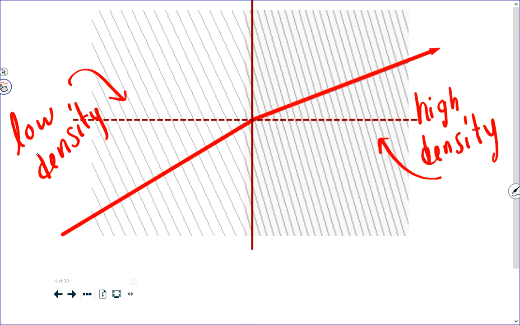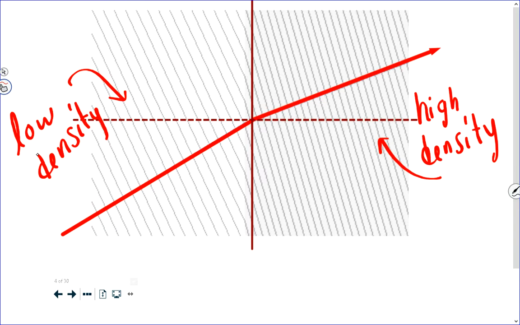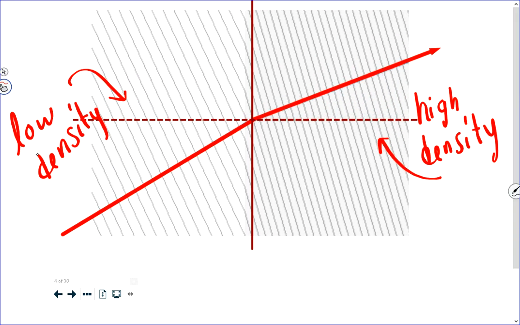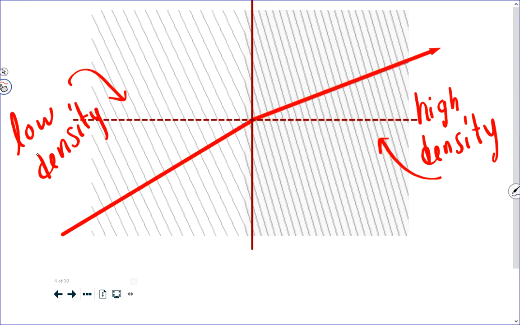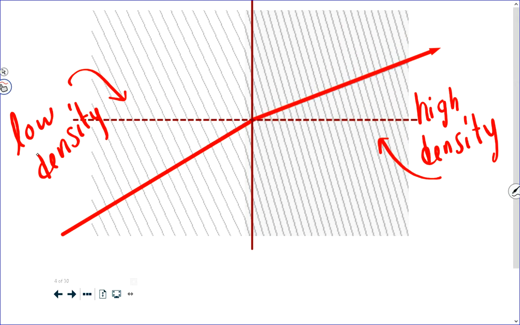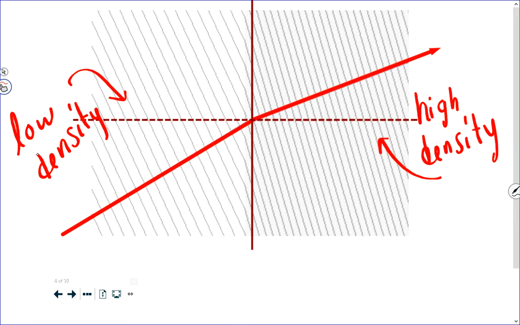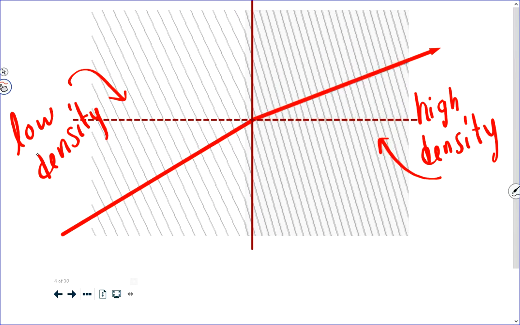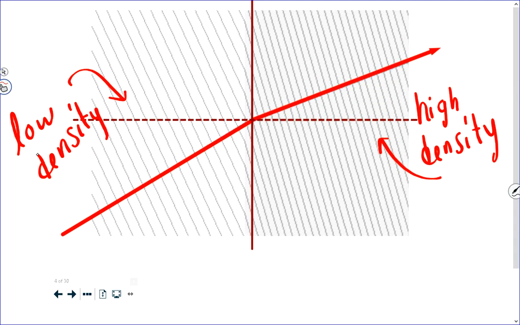And this is going to be a little difficult for you to see, but if you were to take a look at any one of these lines that are moving on the left, and you watched how fast these lines are moving up and at an angle, and then you looked at some of the lines on the right, you would discover that they are moving slower. So this is one of the things that you want to learn here, is that when a wave goes from a low density to a higher density medium, it slows down.